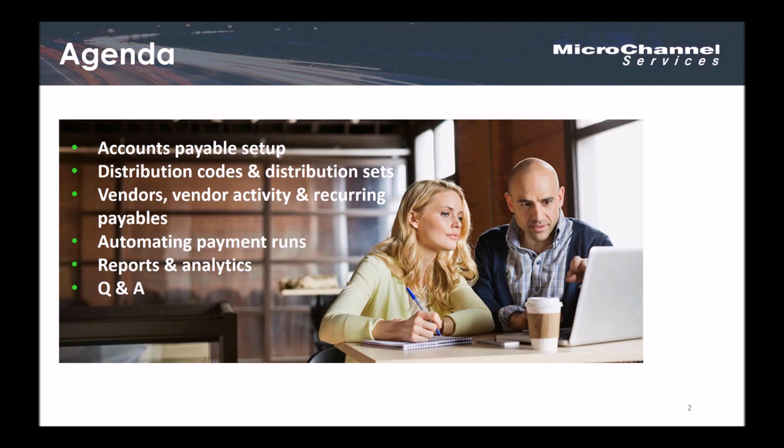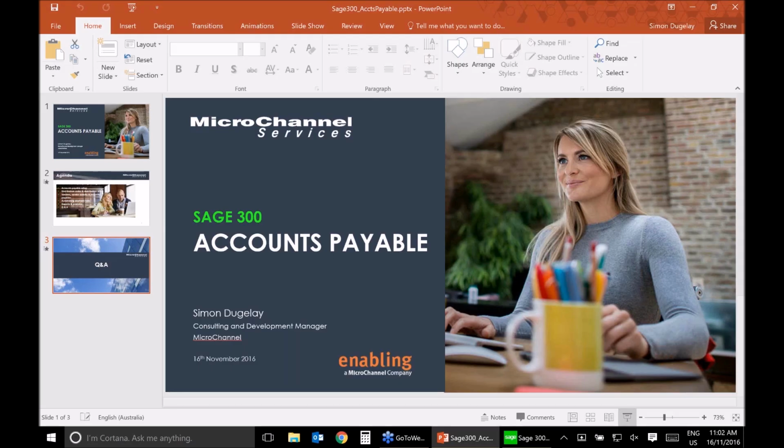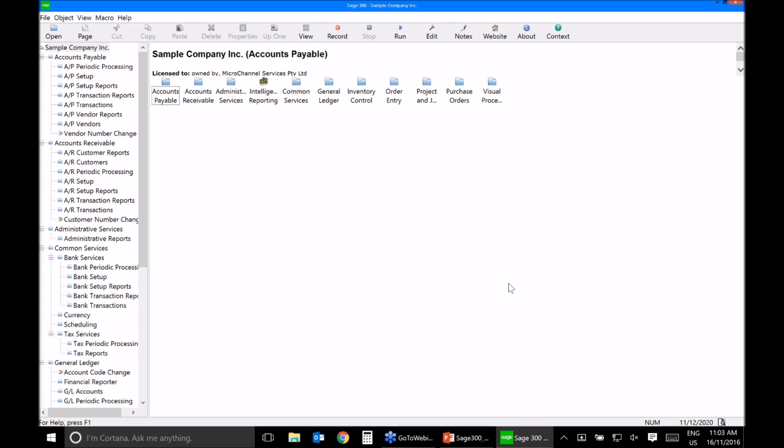So let me exit the PowerPoint slide and I'll go straight into Sage 300. Just on a couple of admin notes, I am running Sage 300 2017. Now that is the latest release of Sage 300. So you may actually notice there's a few options in this version that you may be unfamiliar with.